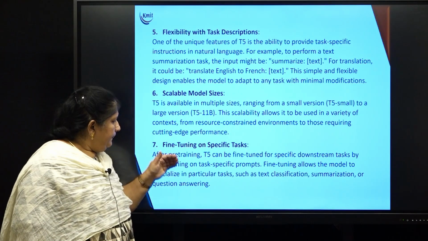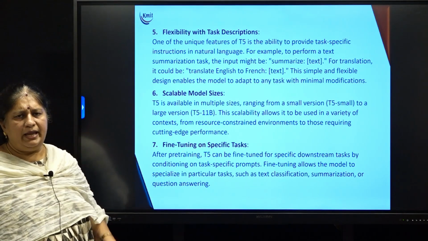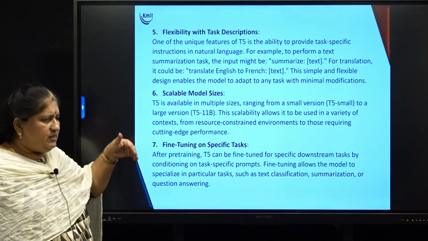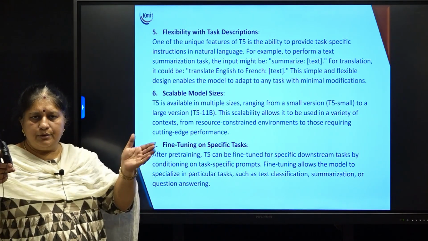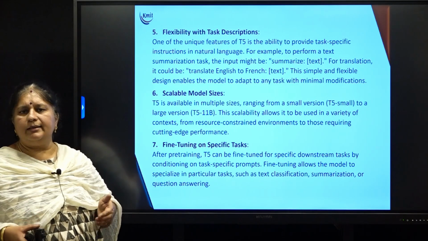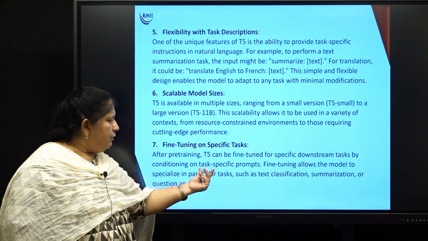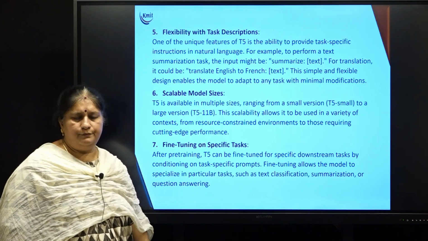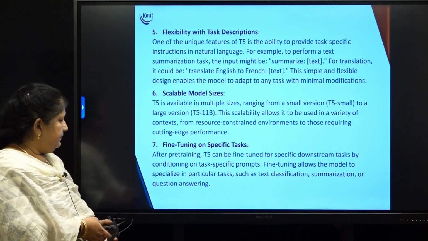Fine tuning. After pre-training, T5 can be fine-tuned for any kind of specific downstream tasks. Downstream tasks means you are trying to narrow down the input data set that it has to consider, and you are trying to ask the model to perform task specific work, by giving task specific prompts.